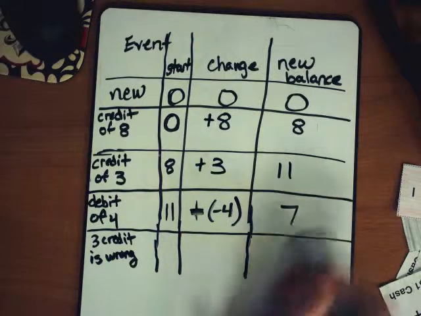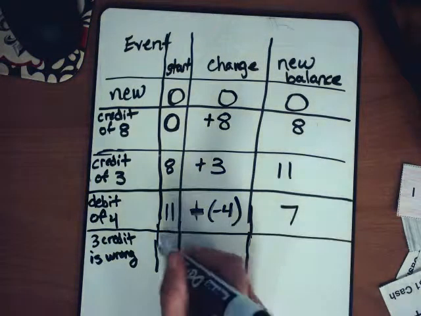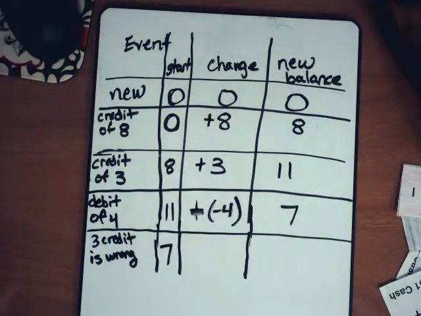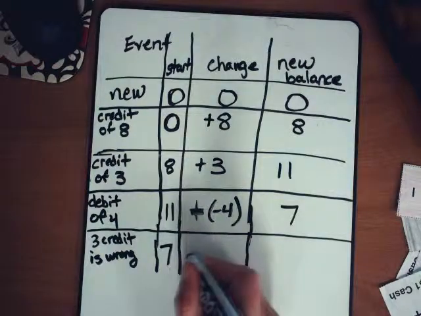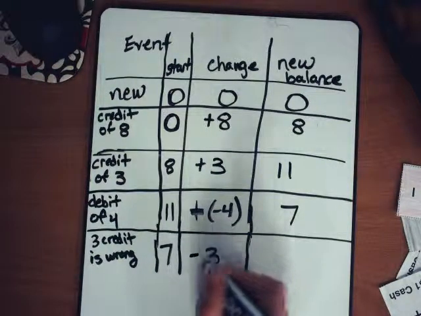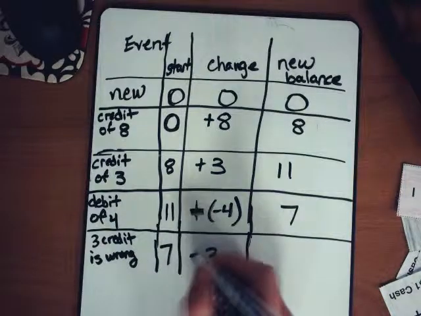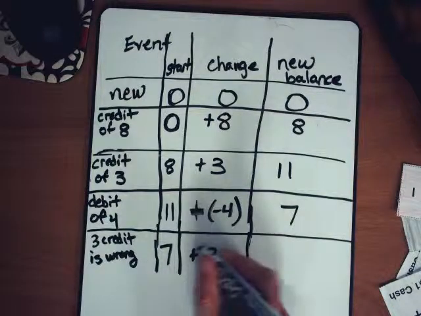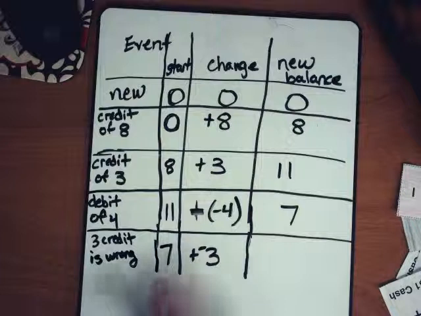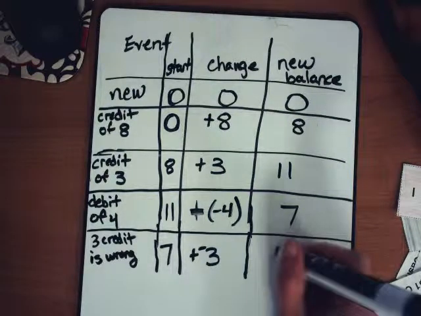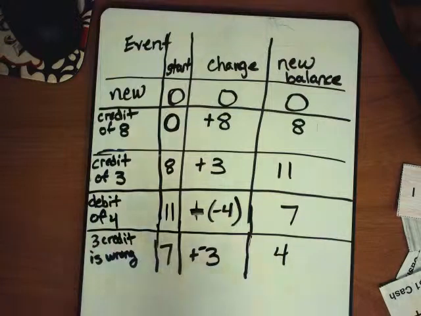So how much money did we start with? 7. Okay? So we are taking away that credit. Instead of subtracting a positive, I'm going to do what? Add a negative. Okay, so I have different signs. Subtract. 7 minus 3 is? Take the sign of the higher number, then you'll be exact.